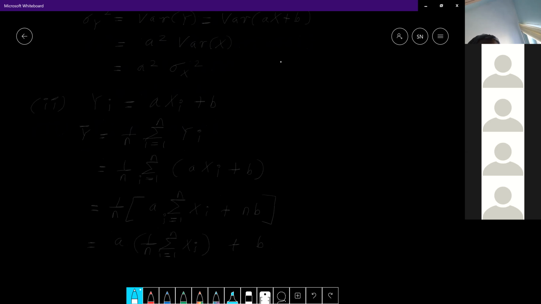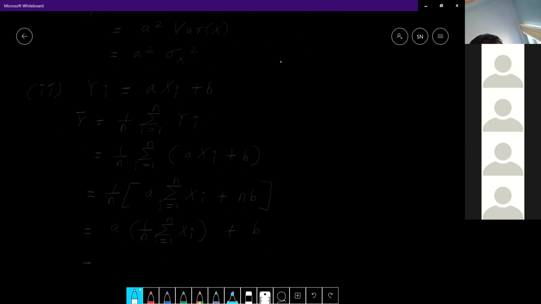Okay, so this is a times x bar plus b. All right, so we have shown that the sample mean for the y's is a times the sample mean for the x's plus b. Okay, is that clear, guys, or no?